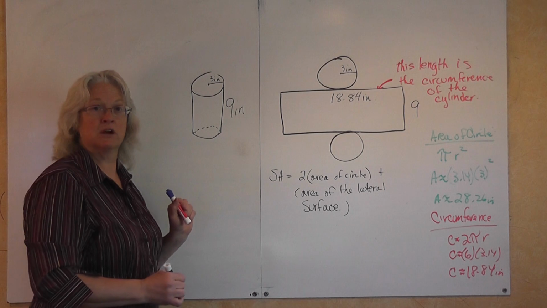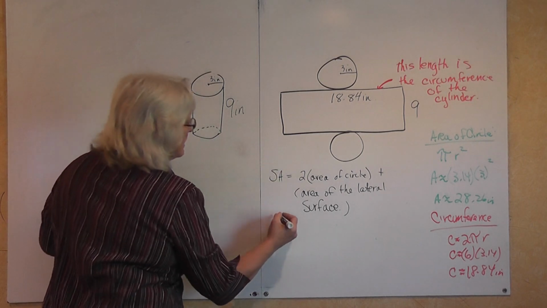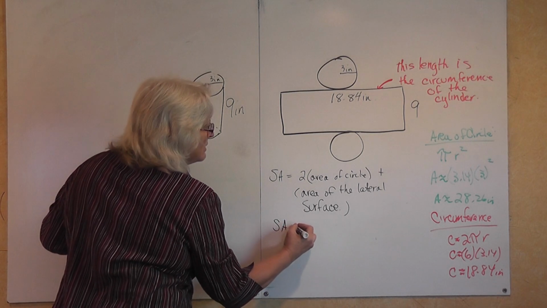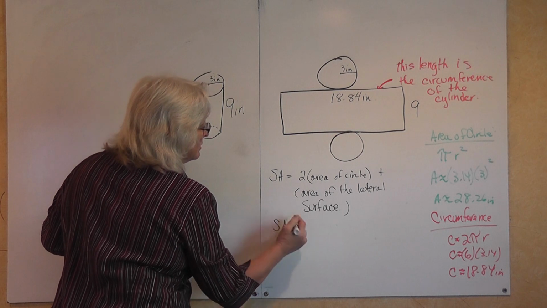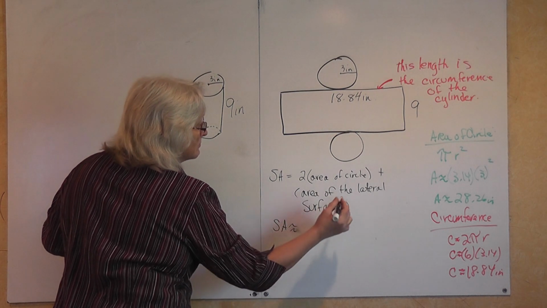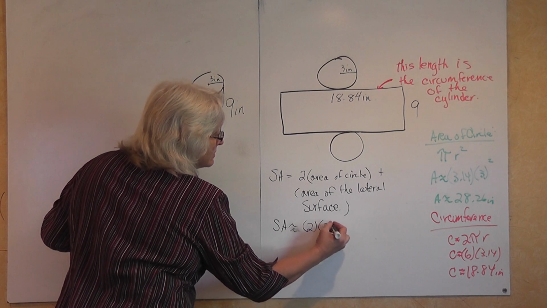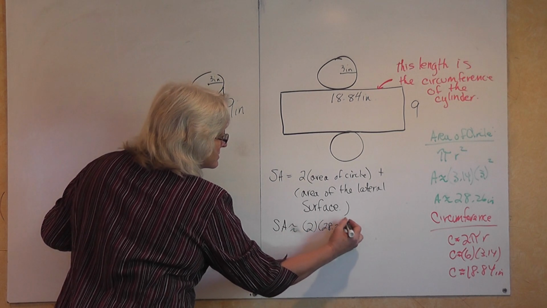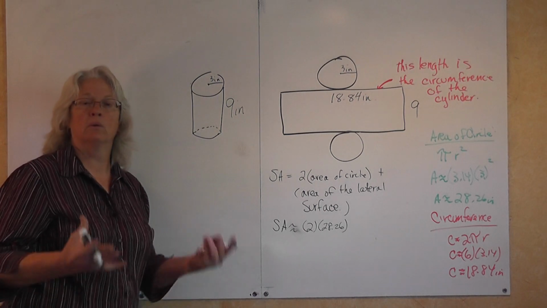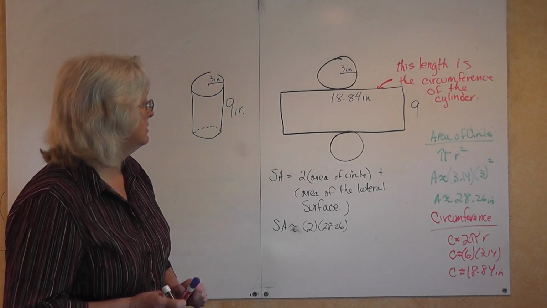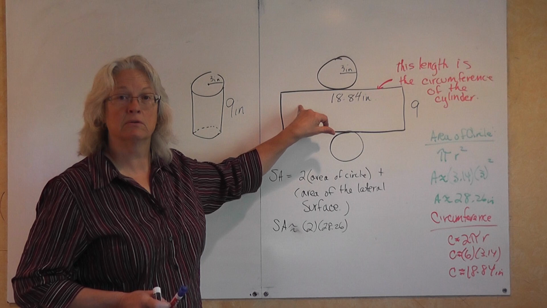What's the area of the circle? We've already calculated it out. So the area of the circle is approximately equal to 2 times 28.26. What is the surface area of this rectangle?